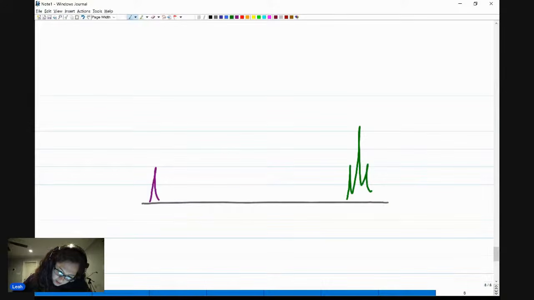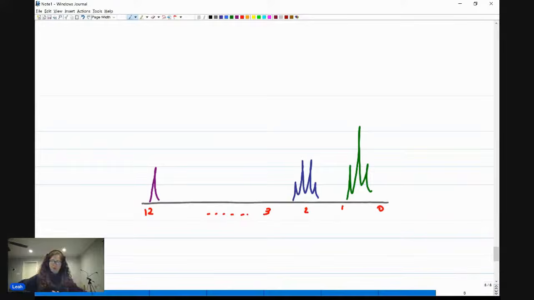So we'll make that 0, 1, 2, 3, and I'll make this 12 because the graph jumps all the way. And then I have a quartet that is sitting around 2. These are not drawn to scale, so we're not going to go with my heights and say, oh, that's higher or lower. This just happens to be how I drew it.